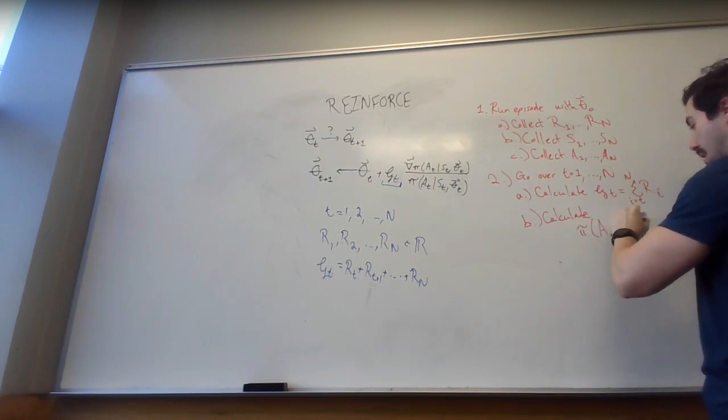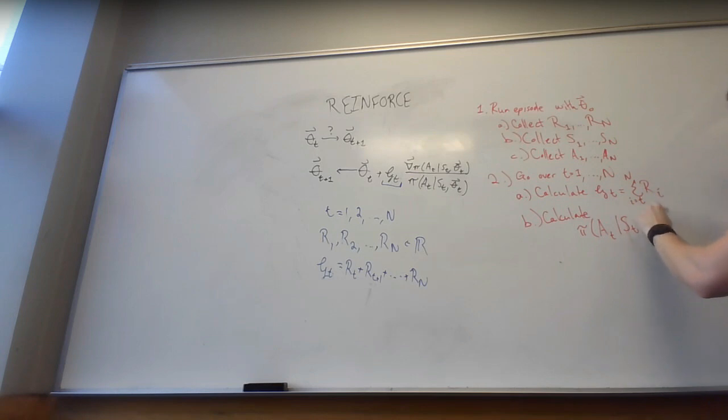So you have saved your AT and your ST. And you've saved theta 0. So you know what your weights were at the start. What it means to calculate this is the most complicated part of this thing. So pi is a neural network, and it has weights theta 0 right now.